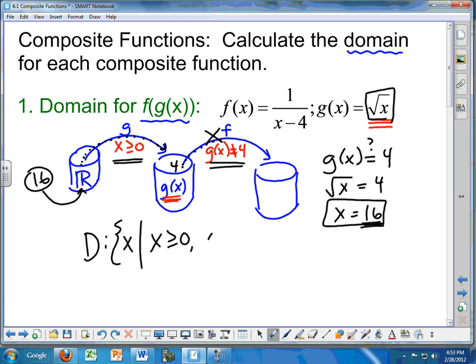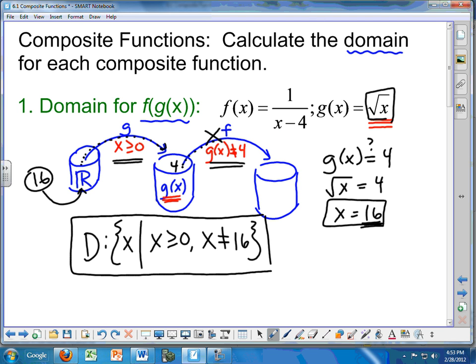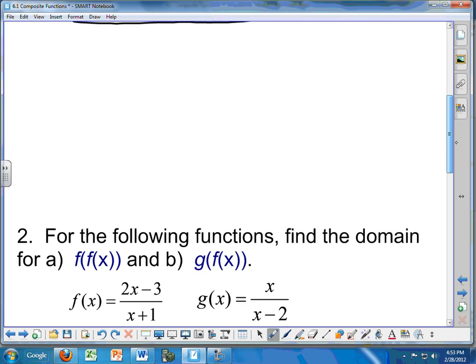And we don't say x is not equal to 4 here, we say x is not equal to 16. So that would be the extra value that is excluded from the domain of the composite itself. Notice in this problem we don't actually calculate the composite. We're simply calculating the domain of the composite.